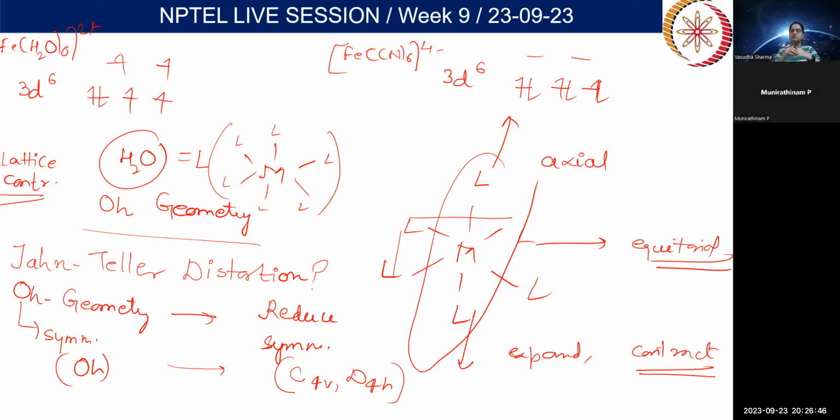At that time also, octahedral does not remain octahedral anymore. It will either go to tetragonal, and later on both the ligands at the axial positions get removed, and we end up having only 4 ligands, making square planar. So we are coming from a higher symmetry to a lower symmetry to maintain the energy, right? This kind of thing we will observe in Jahn-Teller distortion.